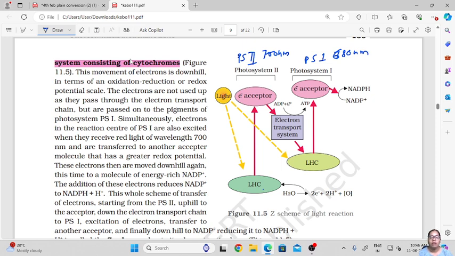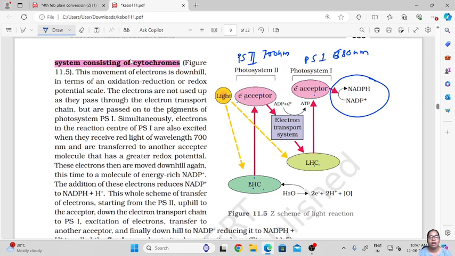So the light harvesting complex over here will absorb the sunlight, and then it will excite the electrons that will go to the acceptor, which will then be transported to the electron transport system, which is then transported to the second light harvesting complex, which will again send the electrons to photosystem 2, which will then release energy in the form of NAD, which will convert the NADP to NADPH.